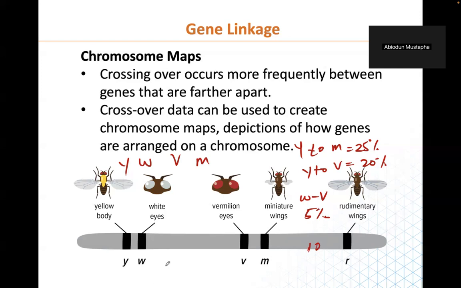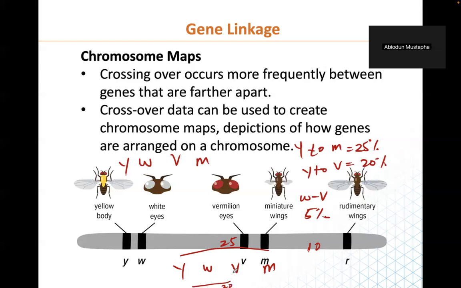Let's try to draw it. We have Y, we have W, we have V, and we have M. I said Y to M is 25. And I said Y to V is 20.